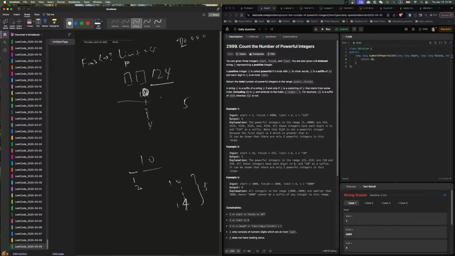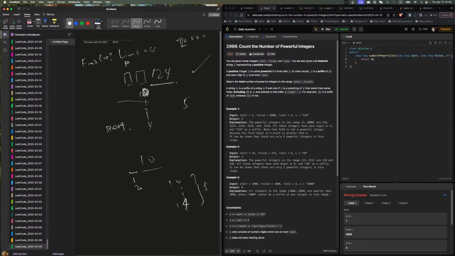And then we have the starting point. The number must be larger than the start. So we just do it by itself. Is it bigger than start? If it's bigger than start, then we have 1 already.